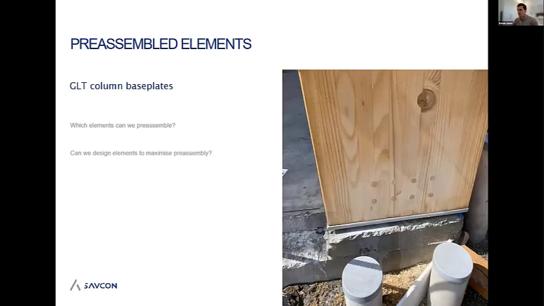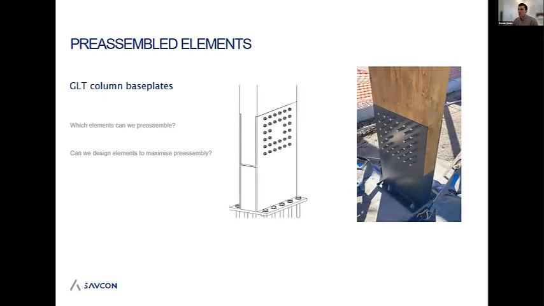So the first one is, you can't always assume that you can pre-assemble every single element. This is a GLT base plate. The photo was just before, and we could not pre-install this element because the base plate was the same size as the GLT column. The anchor bolts are actually recessed inside the column. You can see why you can't pre-assemble that. An option, if you can, is to pull those anchor bolts outside the line of the column.